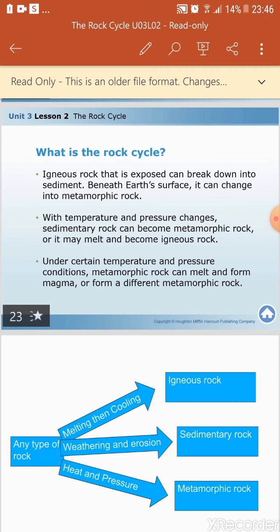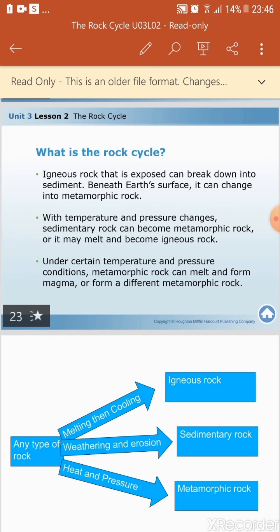In other words, the igneous can be changed to sedimentary or metamorphic. The metamorphic can be changed to sedimentary or igneous. The sedimentary can be changed to metamorphic or igneous, and so on. How? We will memorize only the concepts.